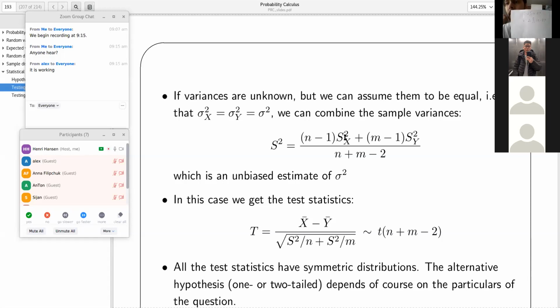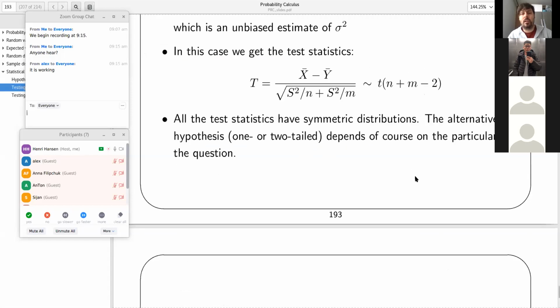Now, if you combine these two, then assuming the variances are the same, you can come up with a combined sample variance. This is an unbiased estimate of the variance of both.